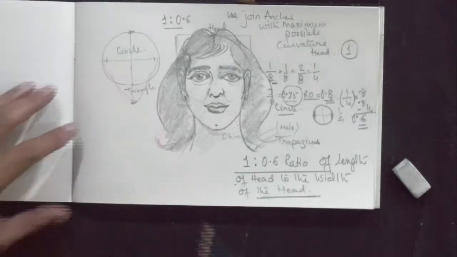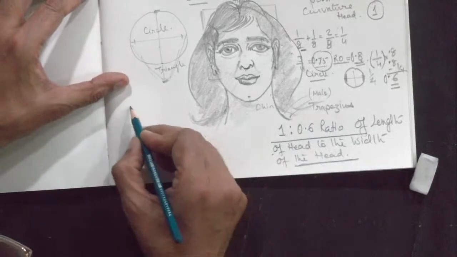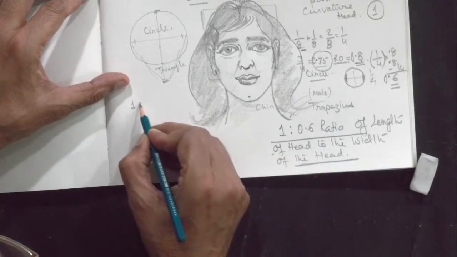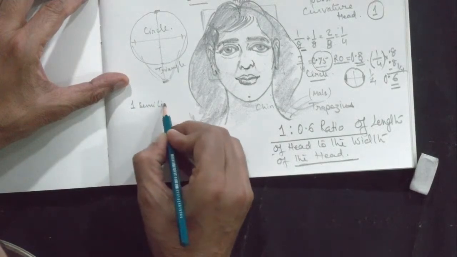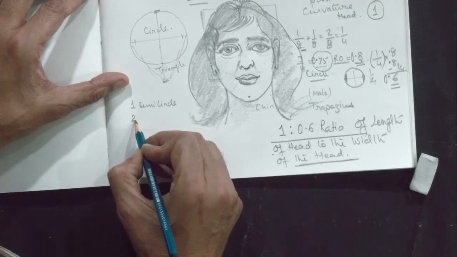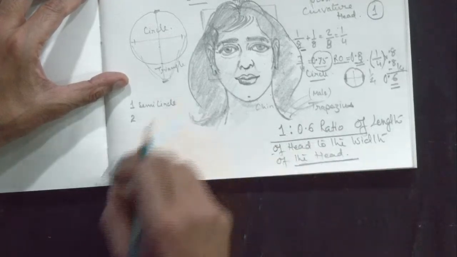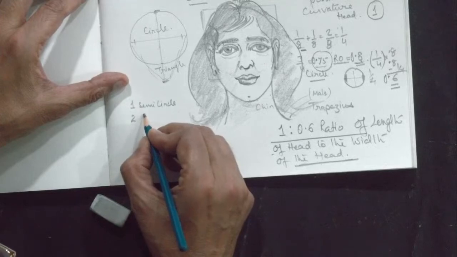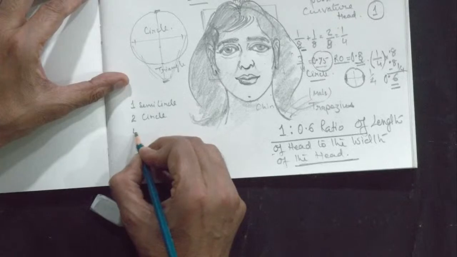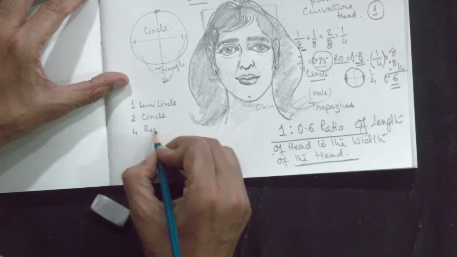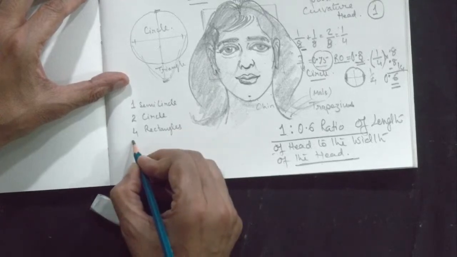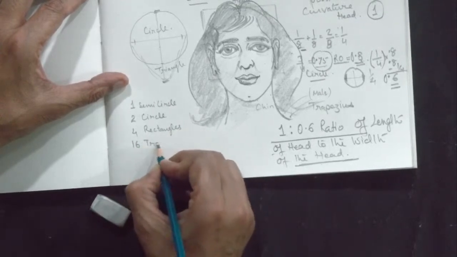I write it down. One semicircle, circle, four rectangles, and 16 trapezium.